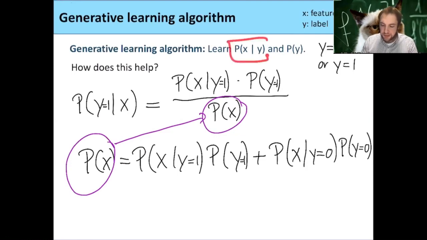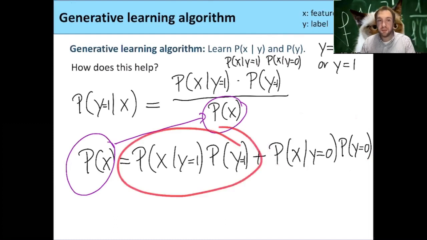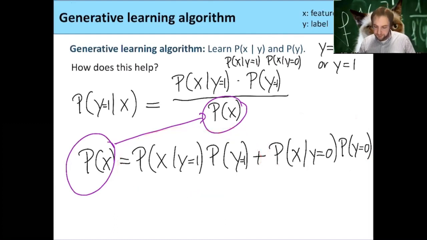By learning this, we will know what p(x|y=1) is, and we will also know what p(x|y=0) is. So we can understand this, and we can understand this. I hope this helps.